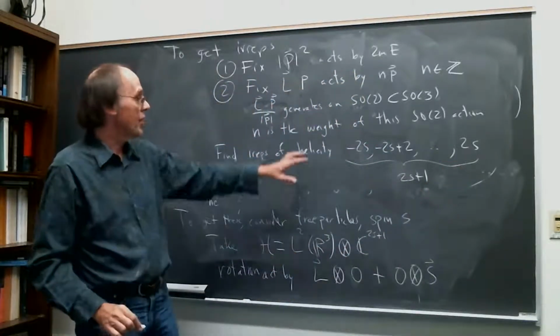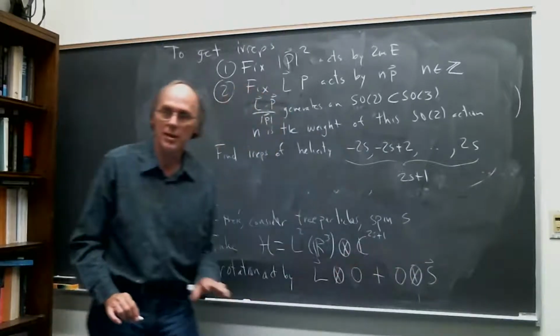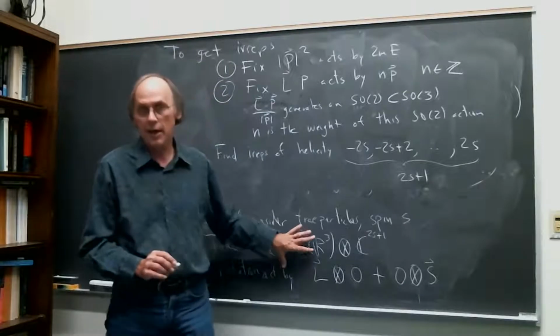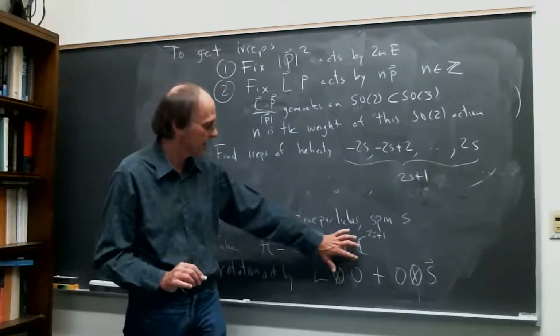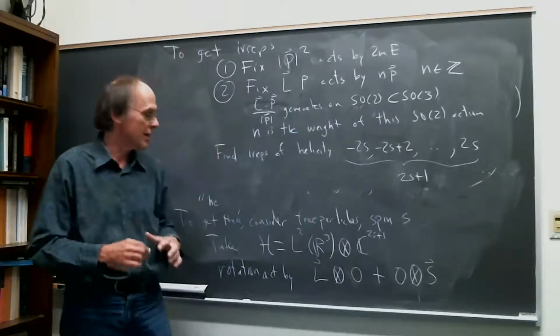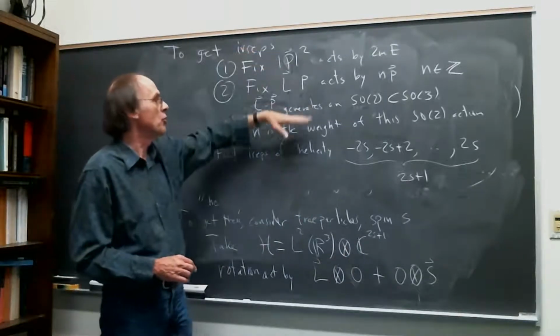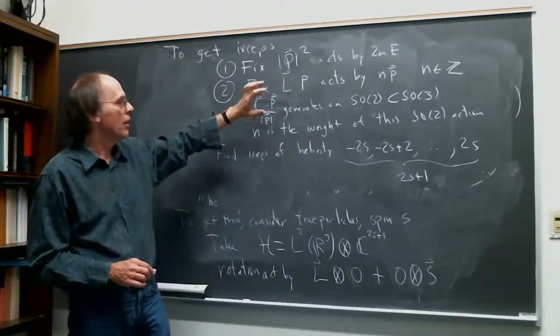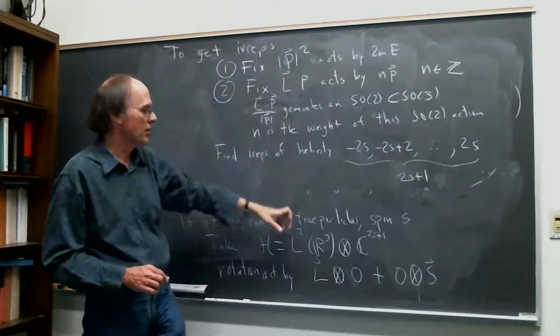So if you do this construction that I suggested, where you start thinking not just about scalar particles but about particles with spin s, what you get is a whole new list of possibilities for each s.